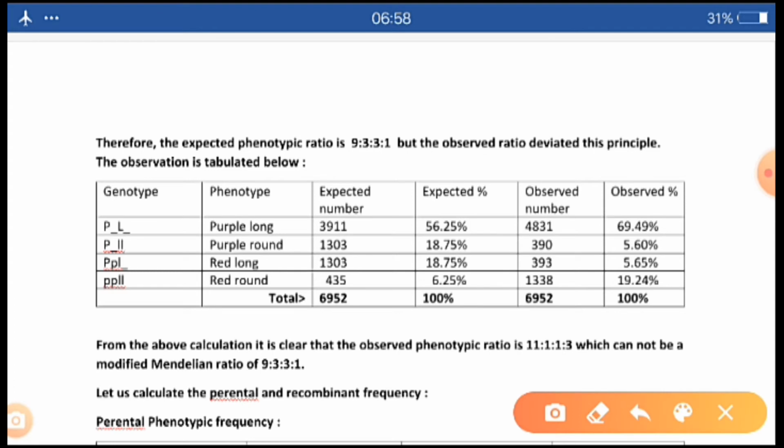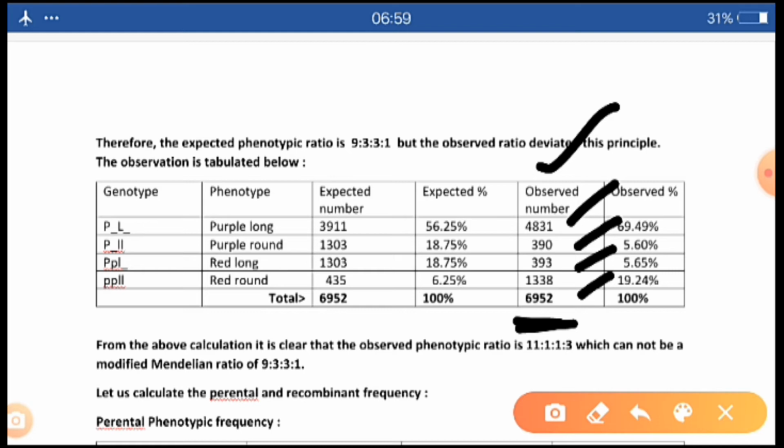Now have a look at the observed numbers. The observed numbers are 4831, 390, 393 and 1338 respectively, and the total number is the same, 6952.